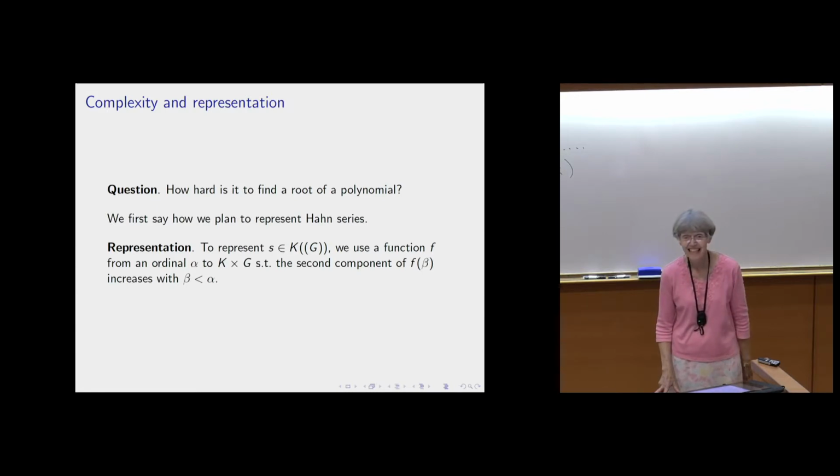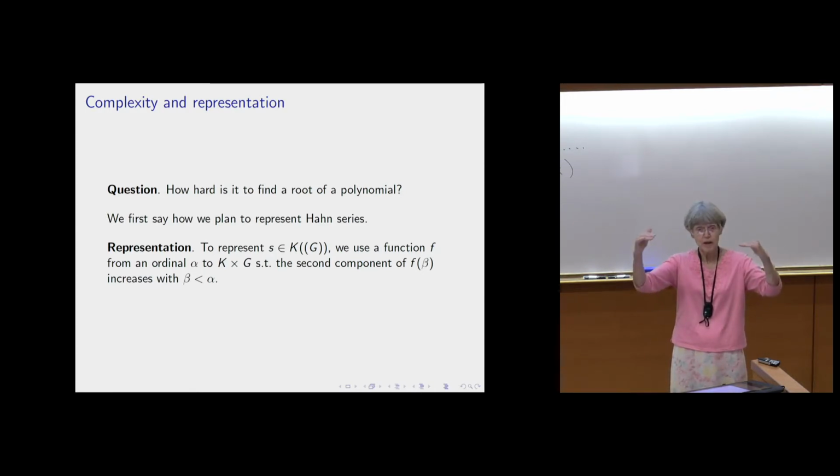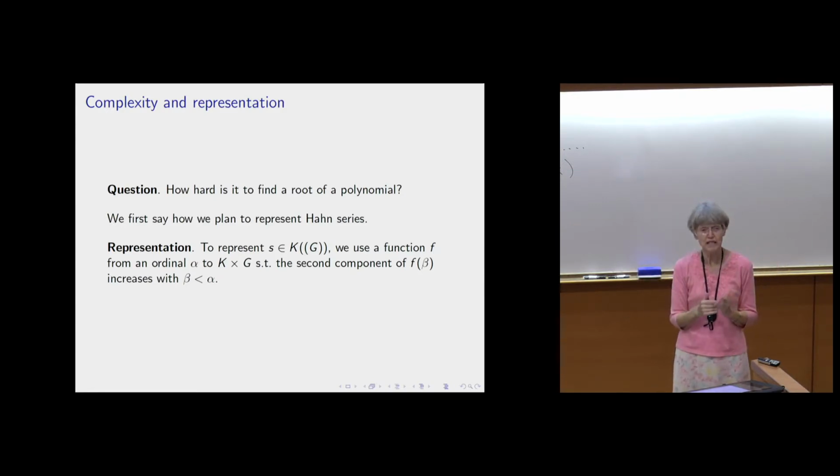Question? In the definition of the Puiseux series, there was some n. Yes, in the definition of Puiseux series, we bounded the denominators. We allowed rationals, but they could all be expressed as a Laurent series in t to the 1 over n for some n.